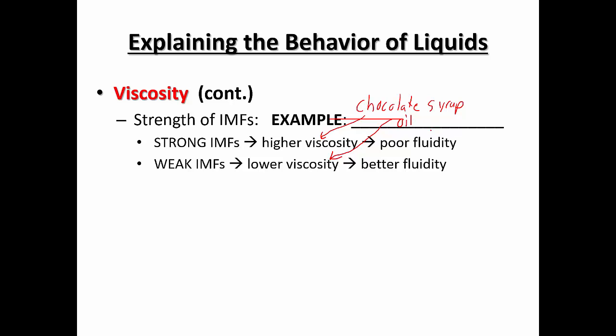It flows much easier. Maybe water would be an example of a low viscosity. They flow very easily. Chocolate syrup and honey could be other examples where we're looking at something that has a higher viscosity versus lower viscosity, the ability for it to flow or pour. The stronger the IMFs, the less it wants to flow.